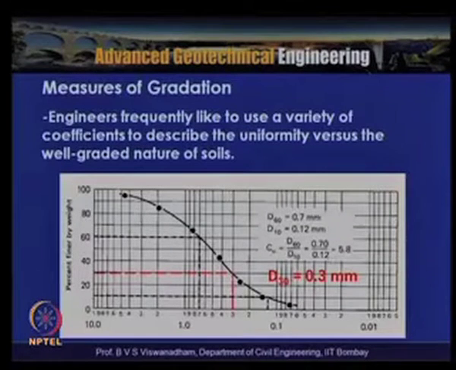If the value of Cu is equal to 1, that indicates that all particles have almost identical sizes. If the slope of the gradation curve is very steep, there is a tendency that all uniformly graded particles exist in that type of distribution.